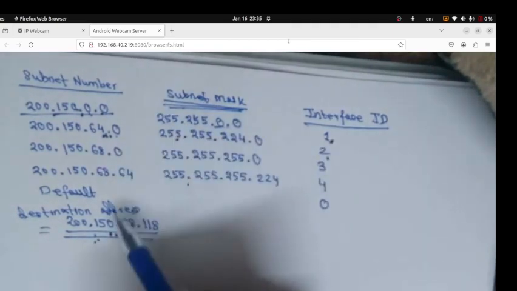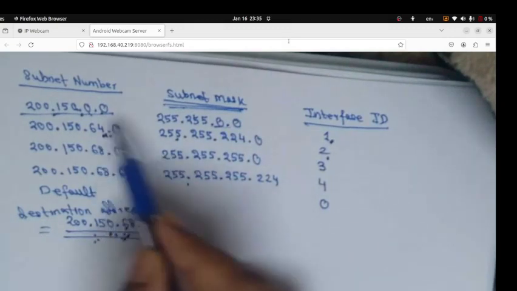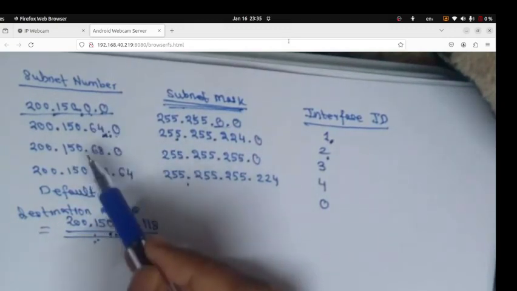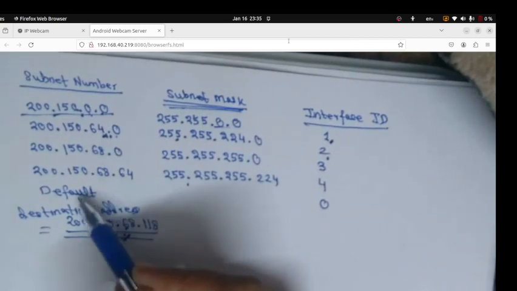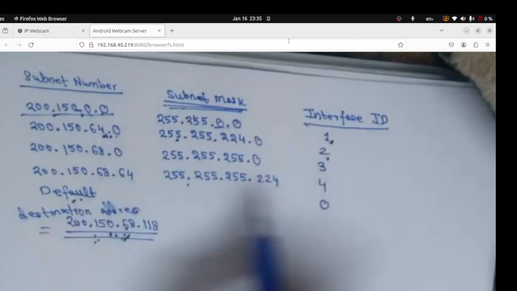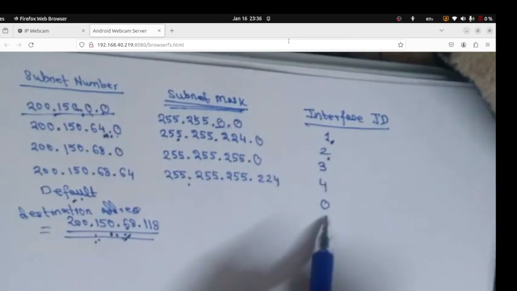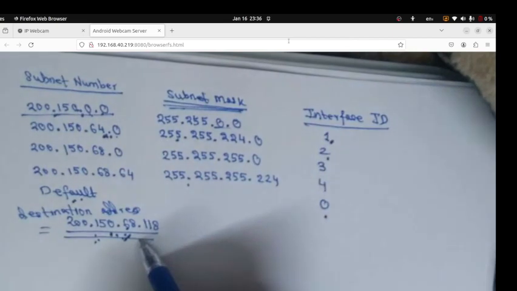But if after the bitwise AND operation none of the entries match, then the default path will be chosen, which is interface ID 0. That is the concept. Now the question is: when the destination address is this, at which interface will the router forward this packet?